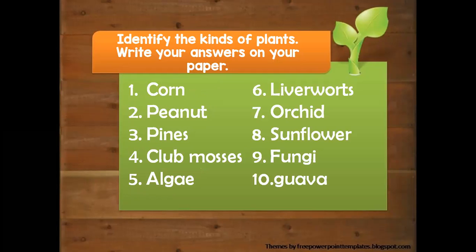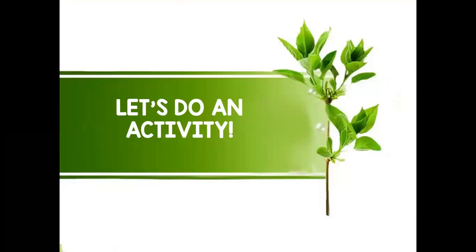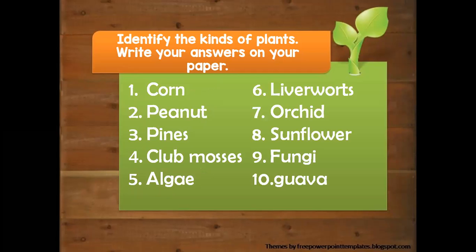For number 1, corn, maybe you can write V if it is under vascular plants, D if it is a dicot, or letter G if it is gymnosperms. So again, for each number, you can have 3 or more answers. Okay? So you send your answers in Cerebro. You click there, pre-recorded answers. Are we clear, grade 5?